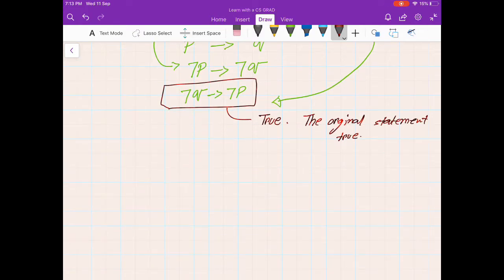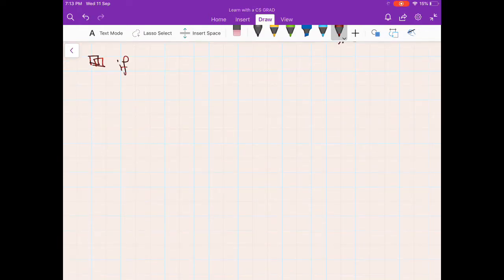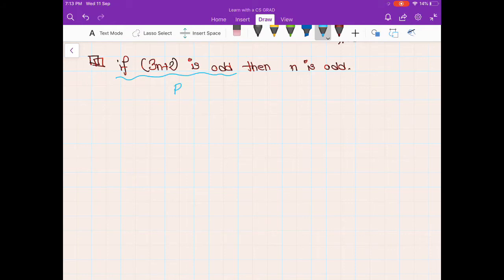Let's look at an example here. Let the example be, if 3n plus 2 is odd, then n is odd. Right? So let's assume that this is P and this is Q. If you want to prove this using proof by contraposition, then we'd have to first inverse them, then change places.